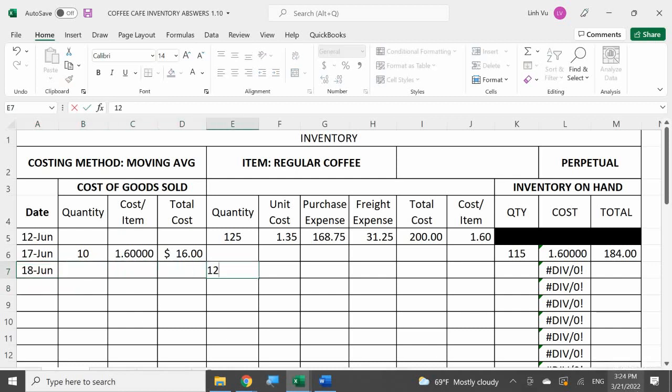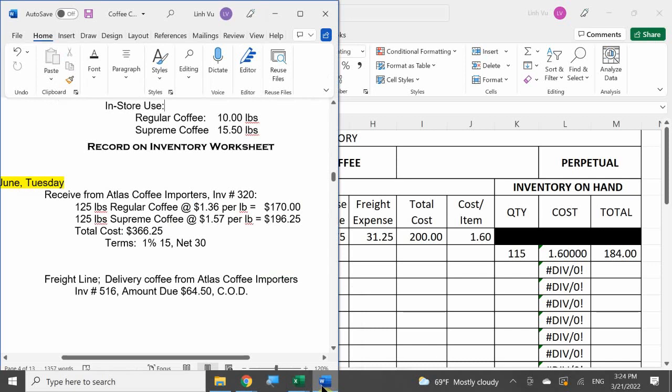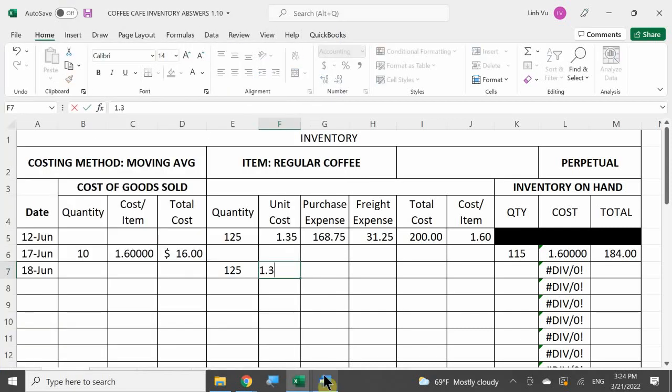And we purchase 125 pounds. At what unit price? $1.36.